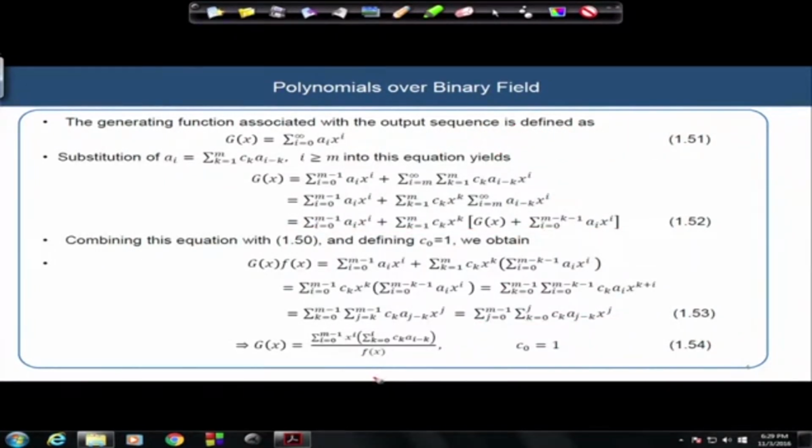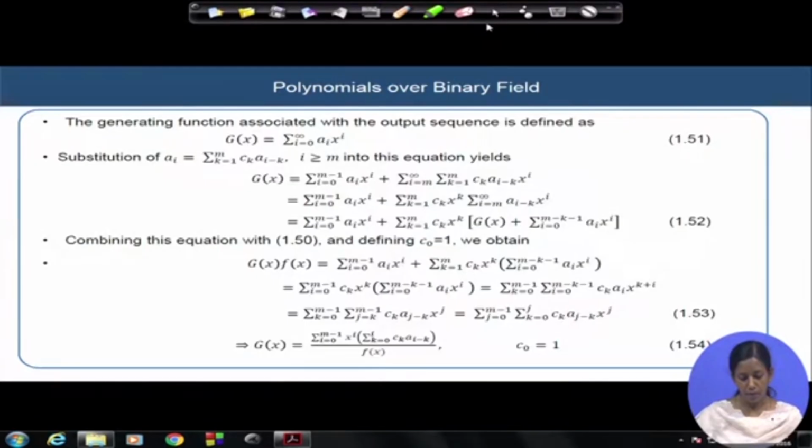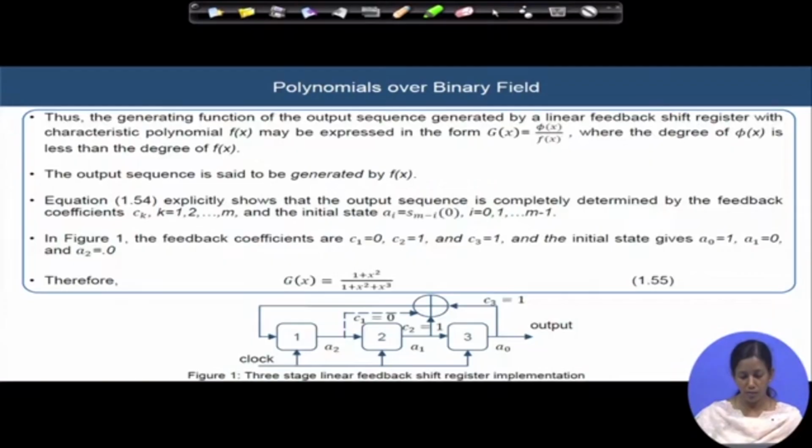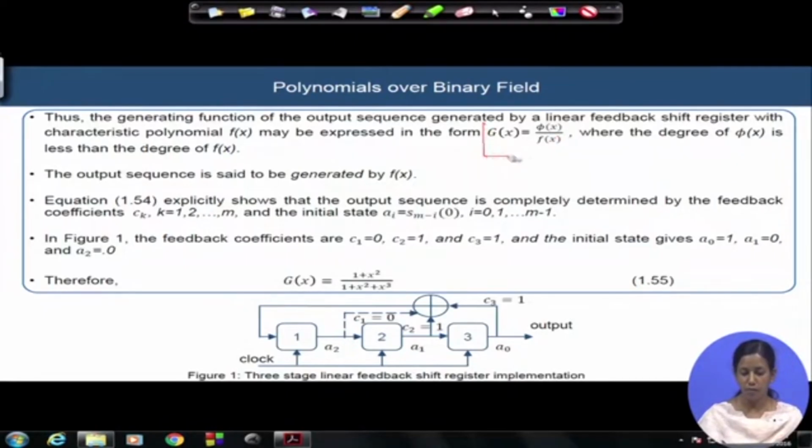Now, the key learning from this expression is that the numerator of this generating function is nothing but another polynomial, say phi(x), and we can write the generating function as g(x) equal to phi(x) divided by f(x).